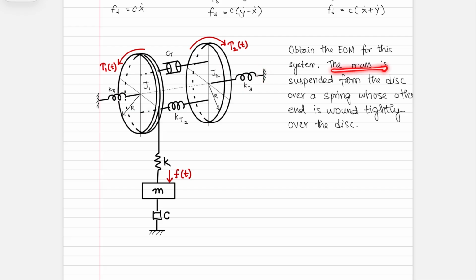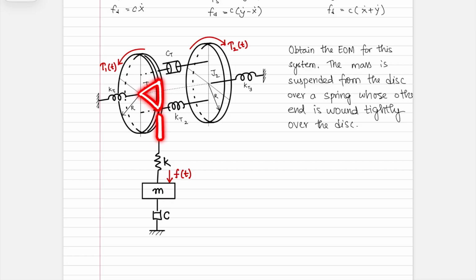It was written here that there's a mass that is suspended from the disc over a spring whose other end is wound tightly over the disc. So that means that there's a string that is wound tightly over the disc, which means there won't be any slipping.